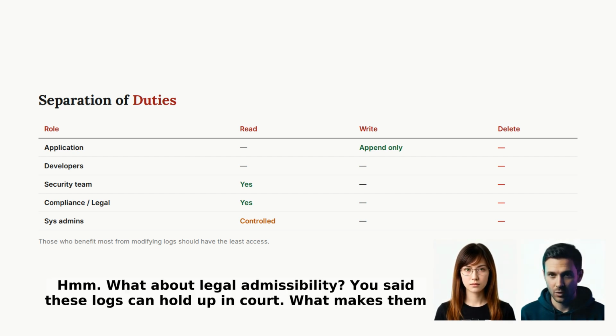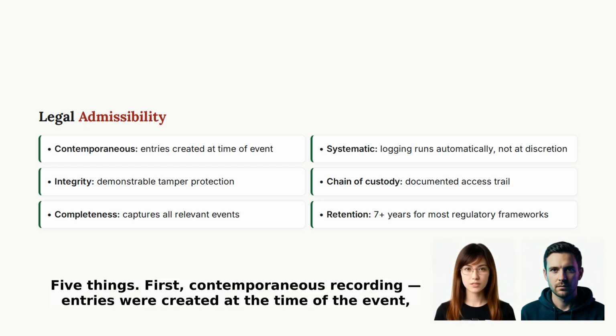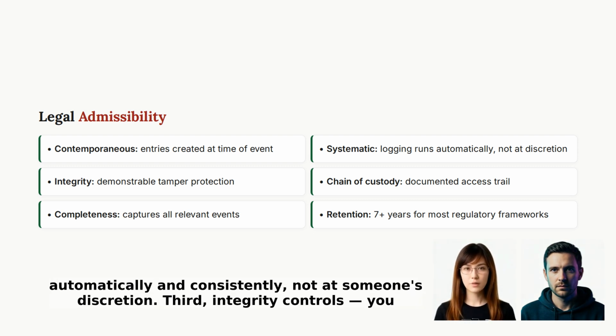What about legal admissibility? You said these logs can hold up in court. What makes them admissible? 5 things. First, contemporaneous recording. Entries were created at the time of the event, not reconstructed later. Timestamps prove this. Second, systematic process. The logging runs automatically and consistently, not at someone's discretion.